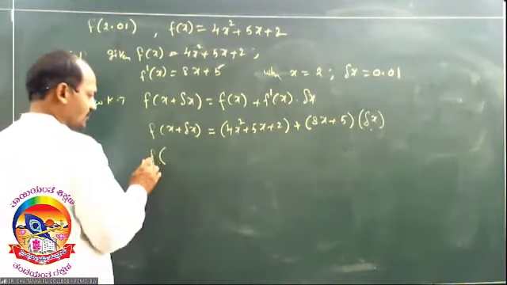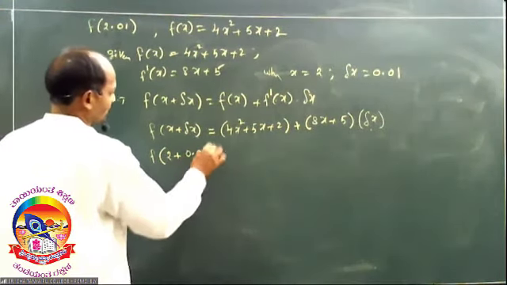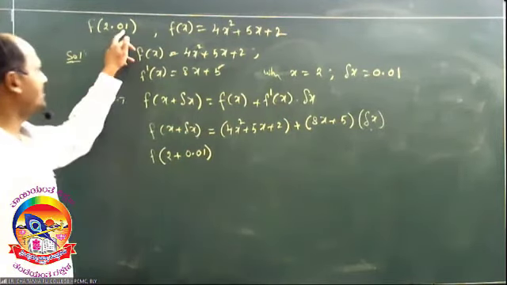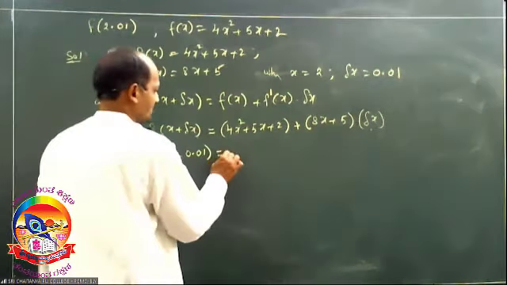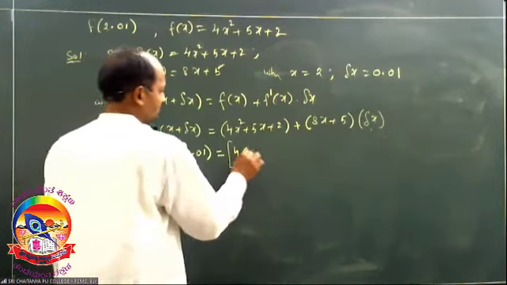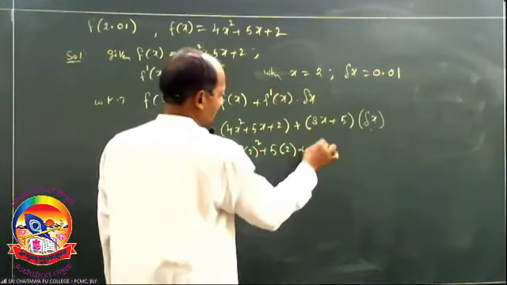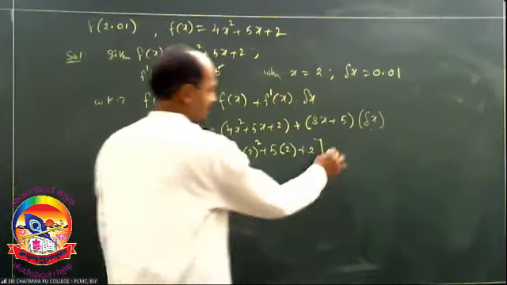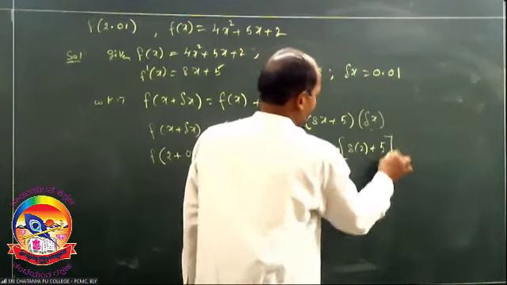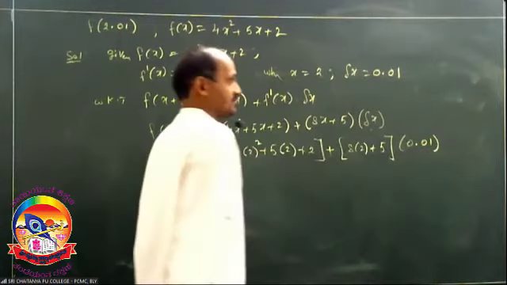That is f(2 + 0.01), with x value 2 and delta x value 0.01. Substitute: 4 into 2 squared plus 5 into 2 plus 2, plus 8 into 2 plus 5, into delta x, that is 0.01.